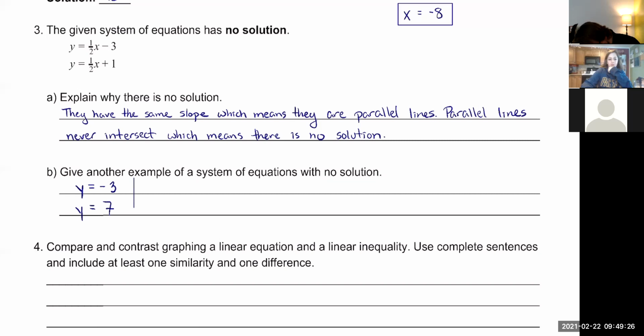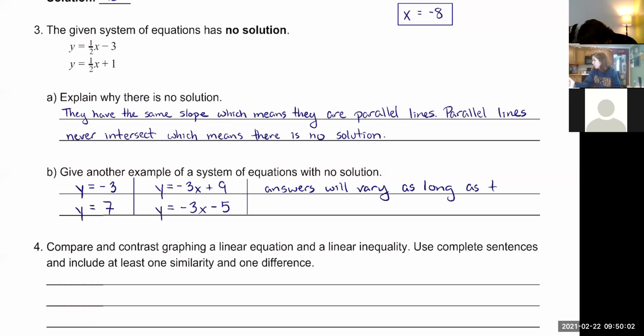That one's a little bit unusual. You could have done something like y equals -3x plus 9 and y equals -3x minus 5. That'd be another example. In fact, that list could go on and on and on. There's infinitely many right answers here. So I'm going to make a little additional comment here that says answers will vary as long as the slopes are the same.